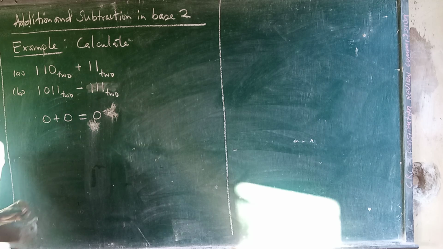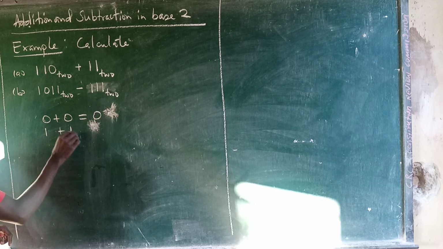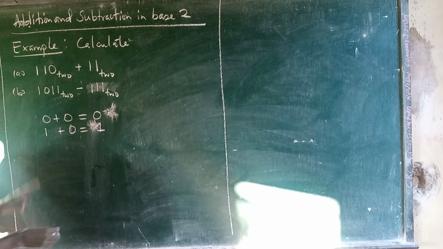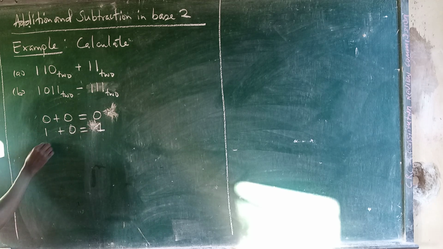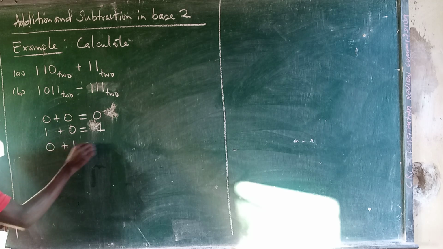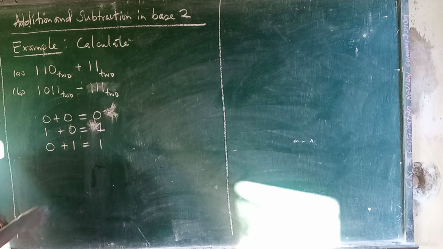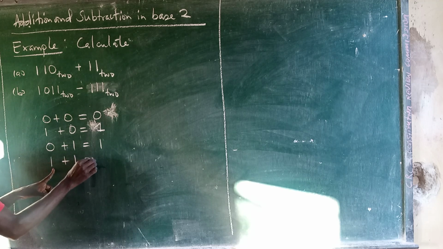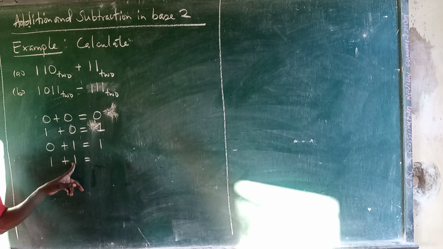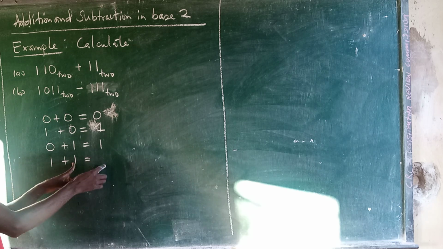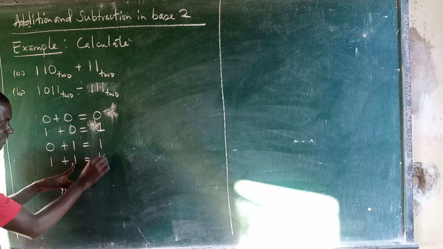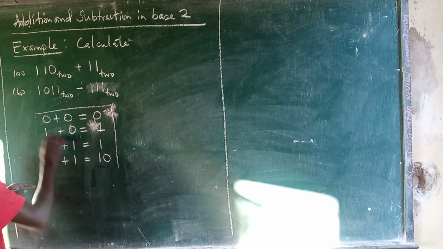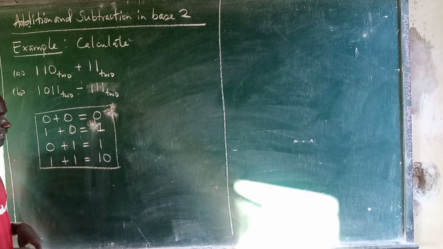You need to know that fact. 1 plus 0 will give you 1. That is in base 2. And then 0 plus 1 will always give us 1. Then if we have 1 plus 1 in base 2, since there is no single 2 in base 2, we can't write 2 here, but we'll write 1 0 base 2. So this table will guide you when it comes to addition.